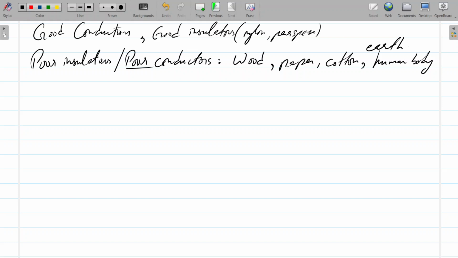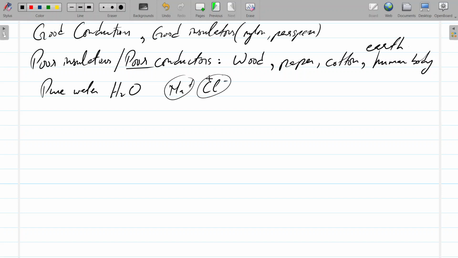And then you've got water. Water will conduct electricity if it has ions in it. Pure water, that is just H2O with nothing dissolved in it, will not conduct electricity. But normally you have a lot of dissolved minerals and ions in it, like sodium and chlorine and other stuff.